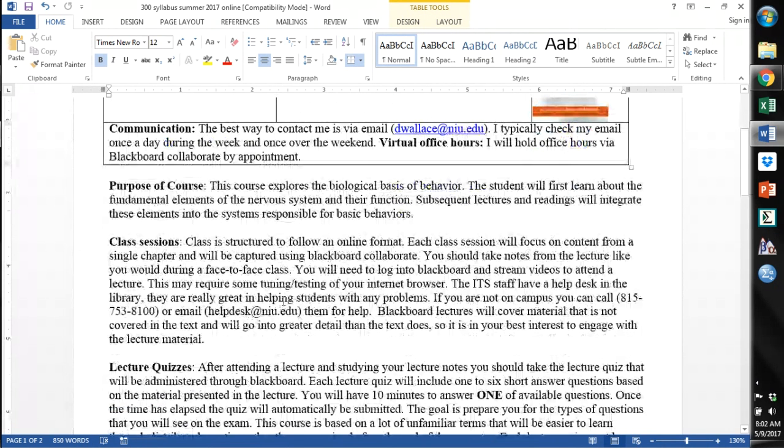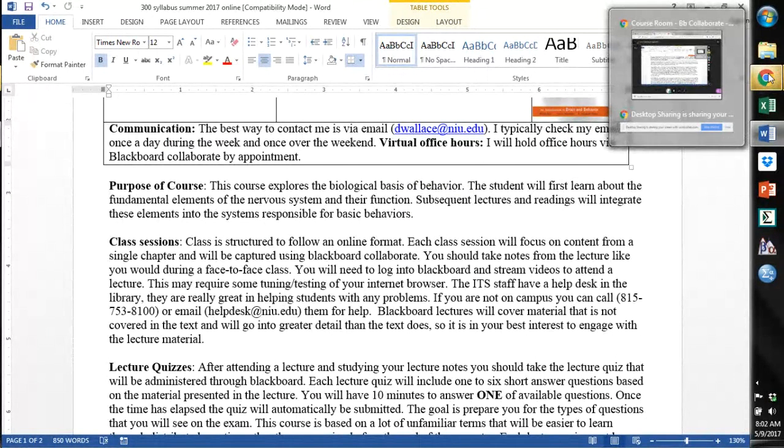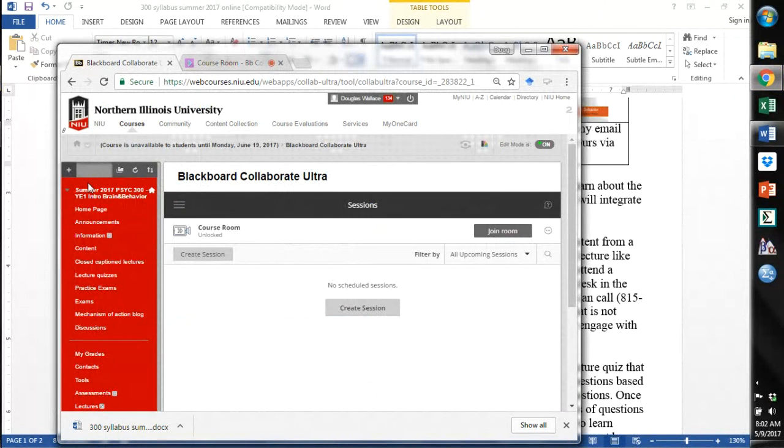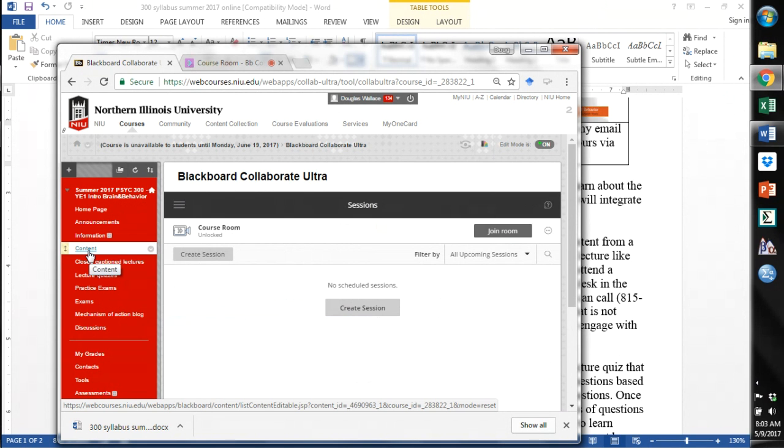Our class sessions are structured to follow an online format. That means that you're going to engage with content through Blackboard Collaborate. I'm going to change over to the Blackboard window so you get an idea of what Blackboard looks like. Over here on the left in the red area, we'll see a link for announcements. Content is where you can find the syllabus that I'm currently going through.